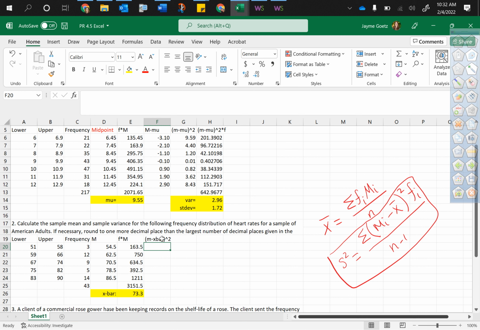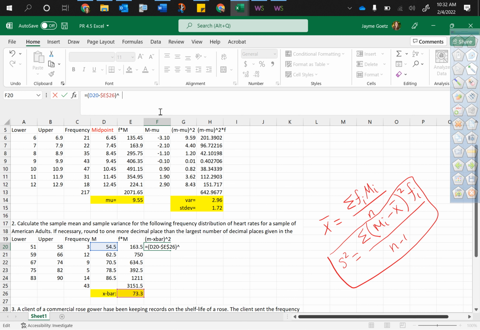So here's what we're going to do. Equals, parentheses, midpoint minus mean, and what do I have to do to that mean? Absolute cell reference, put those dollar signs, close it, and square it.